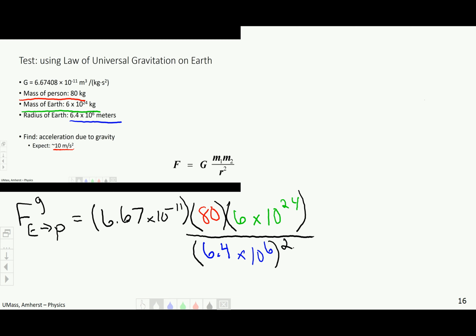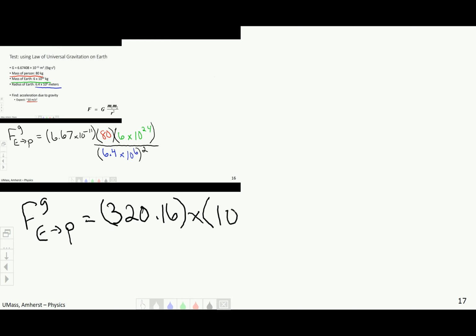So now we can do some real quick math. Force of gravity, Earth on person, equals... All right, let's do math. 6.67 times... So we end up with 320.16 as the numeral times 10 to the... plus 10 to the 14th.